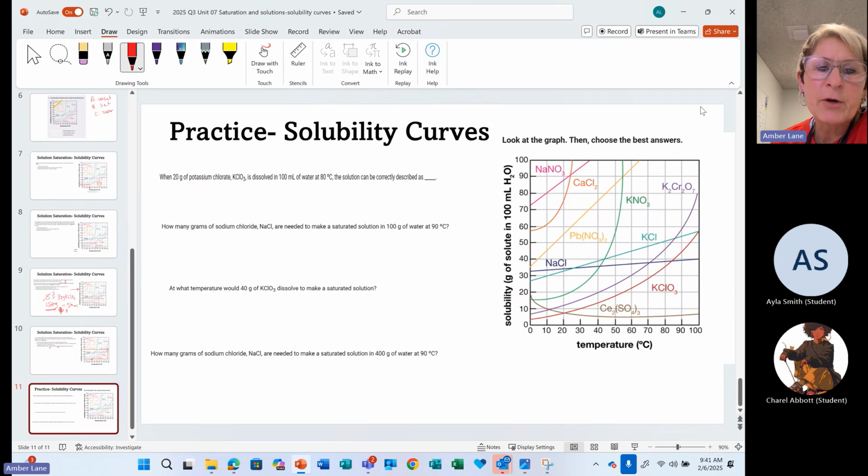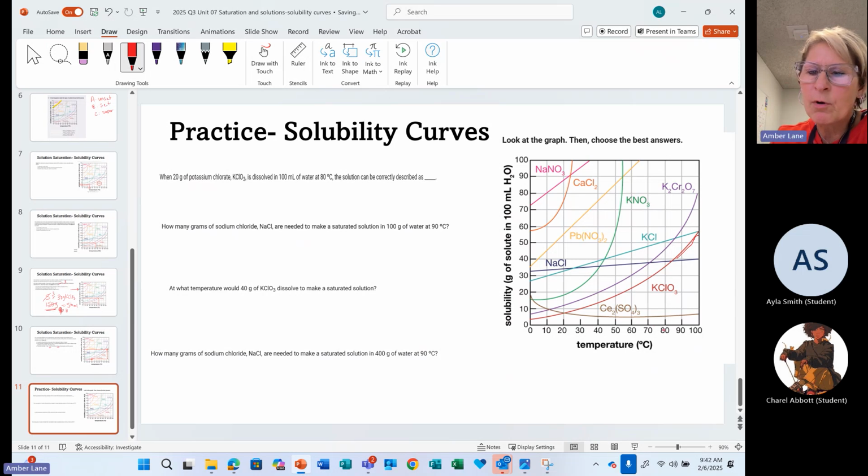It says when 20 grams of potassium chlorate is dissolved in 100 milliliters of water at 80 degrees, the solution can be correctly described as saturated, unsaturated, or supersaturated. So it's 80 degrees, and again, potassium chlorate. So we're looking at this curve right here.